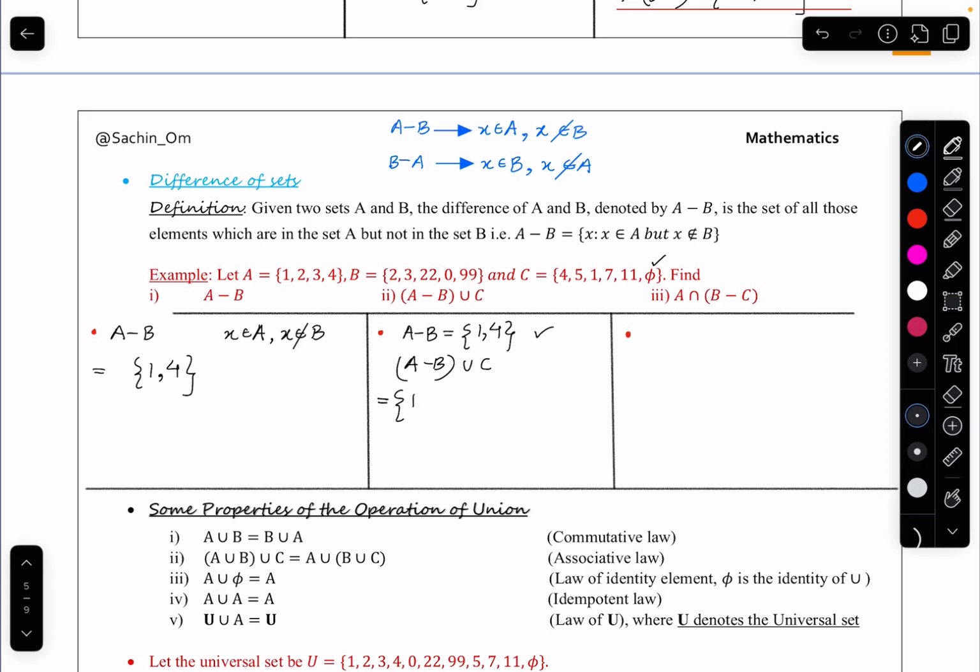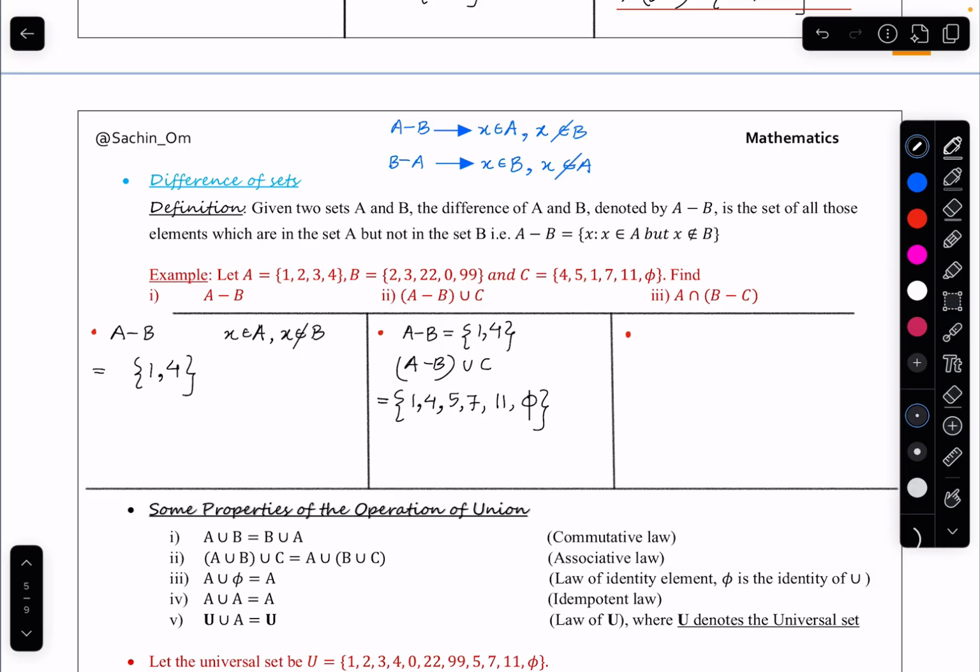So A minus B has 1 comma 4 in it. And now I'll collect the elements of C. So elements of C are 4, which is written here already, 5, 1, which is written here already, 7, 11, and the last element of C, which is 5. So this is what we have. A minus B union C is equal to 1, 4, 5, 7, 11, and 5.